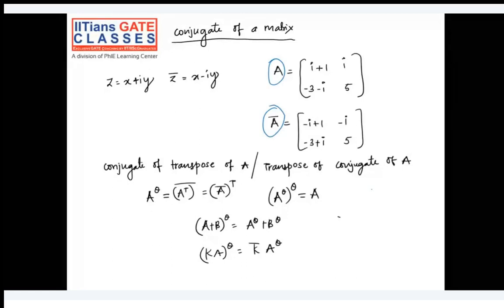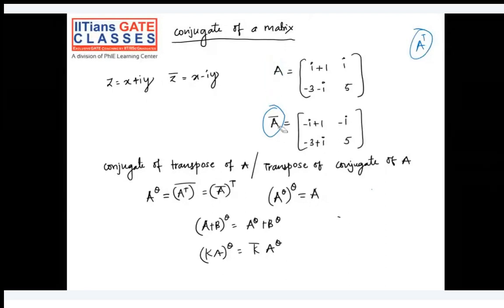Now, if you take transpose as well as conjugate, A transpose conjugate or A conjugate transpose, ultimately you'll get the same answer. Irrespective of sequence, whether you take the conjugate first and then the transpose or the transpose and then the conjugate, nothing will change, because we are dealing with the individual terms here.